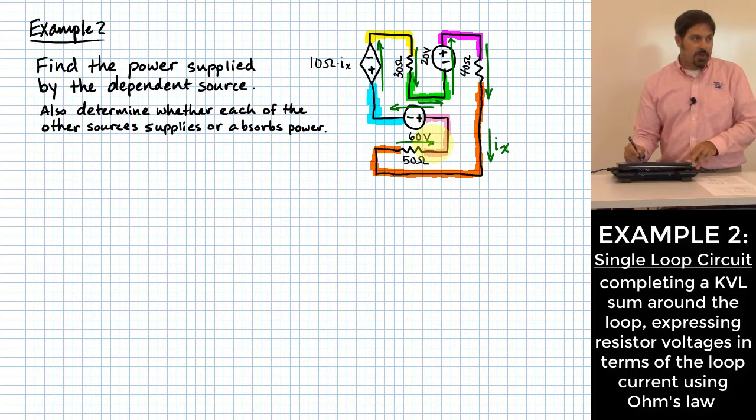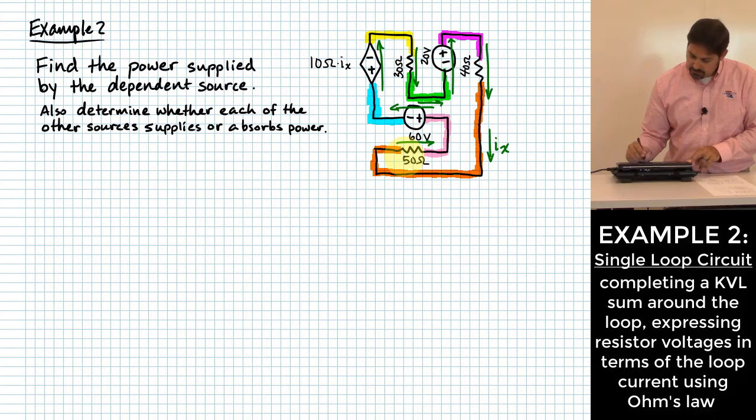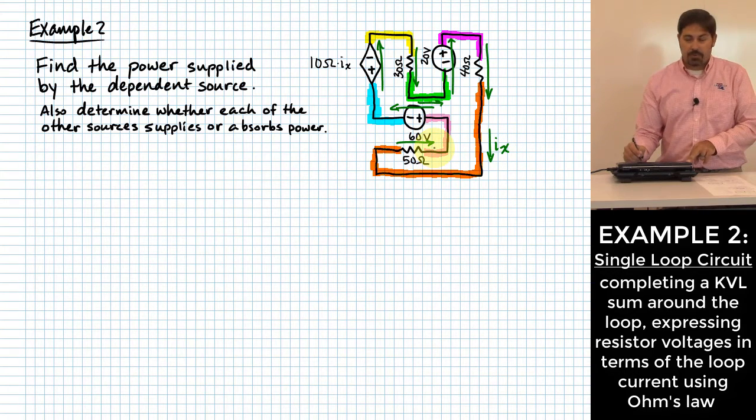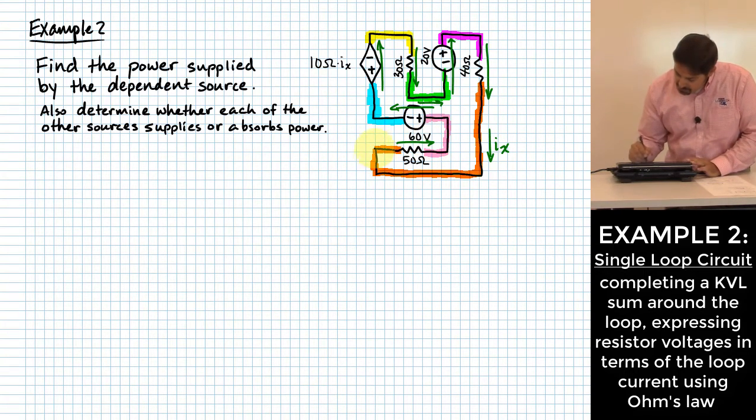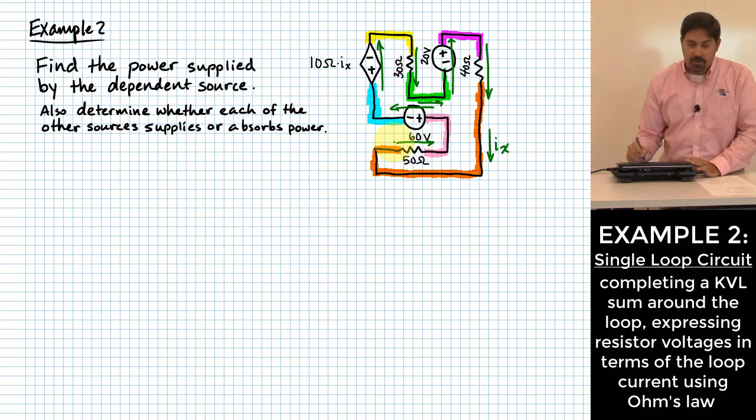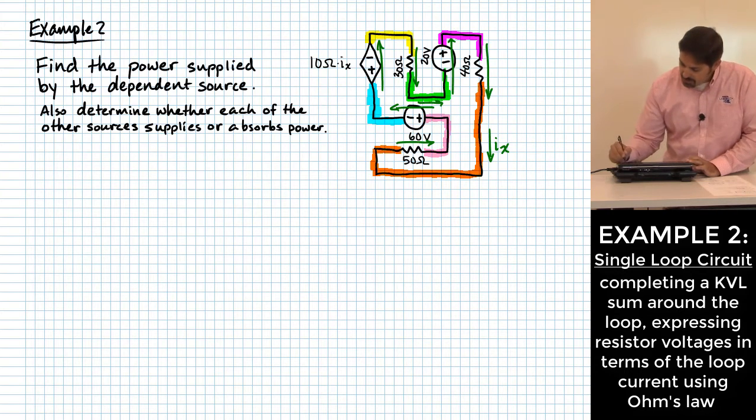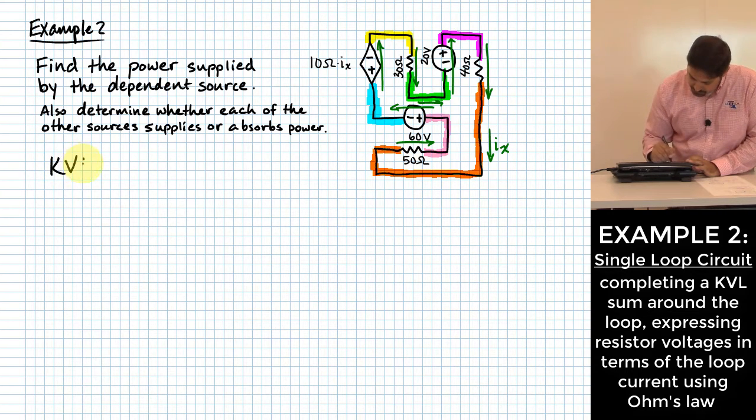That will create what kind of a voltage on the 50 ohm resistor? IX flowing through 50 ohms makes what voltage? IX times 50 ohms. Now because IX is flowing this direction, and I'm doing a clockwise sum and counting voltage drops as being positive, I'm going to do a KVL right here, just to label it.